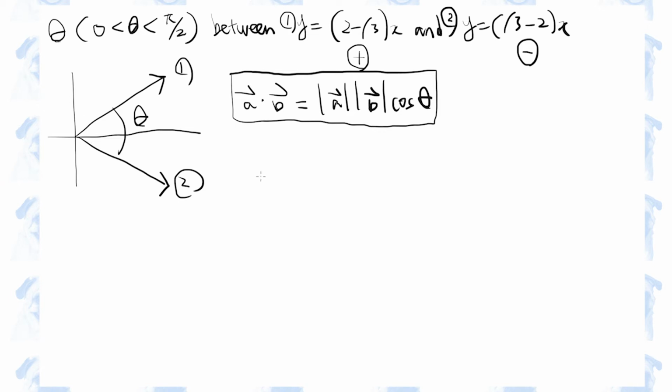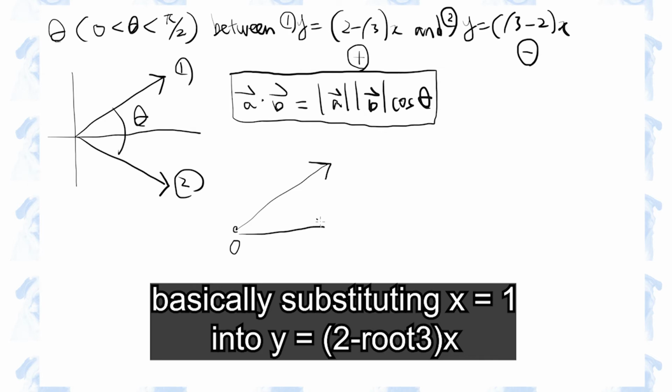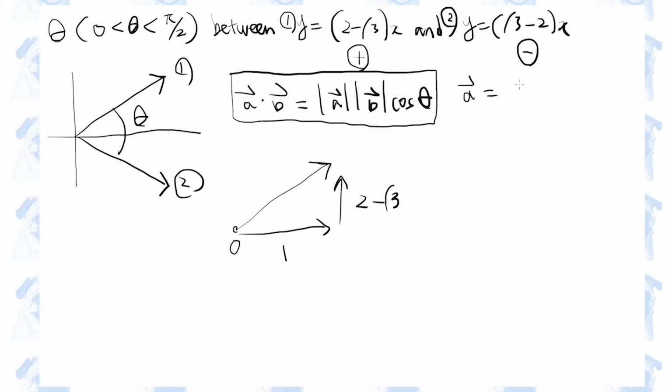Let's start with number 1. Starting from the origin, if we go 1 unit to the right, we are going 2 minus root 3 units above. So vector A can be expressed as 1, 2 minus root 3. Likewise, vector B is 1, root 3 minus 2.